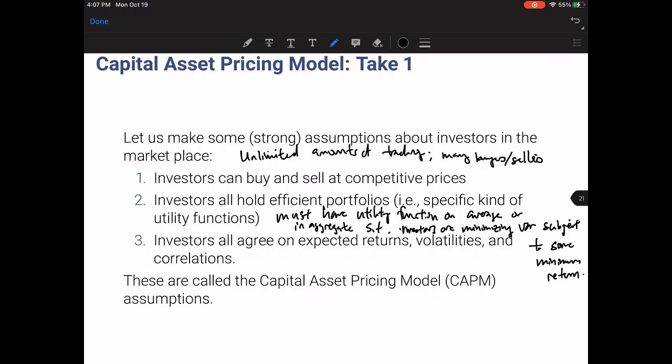Okay. And lastly, investors agree on expected returns, volatilities, and correlations.